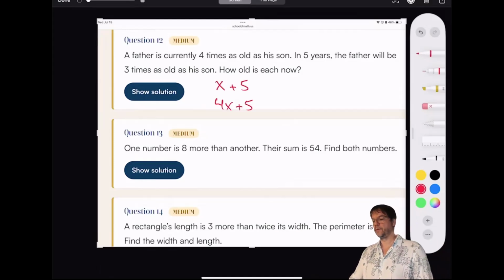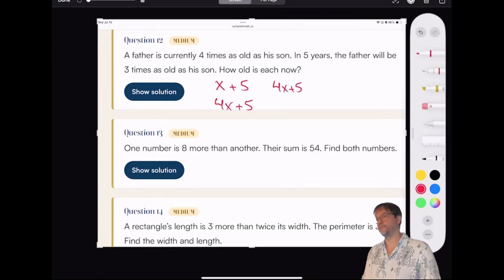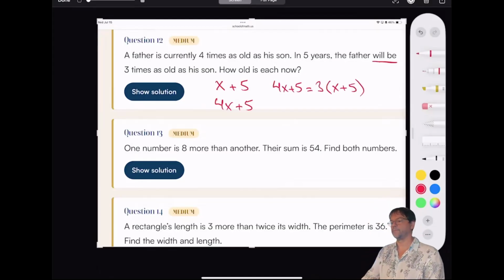So, in 5 years, the father will be equal to 3 times as old as his son. Is that okay? Yeah.